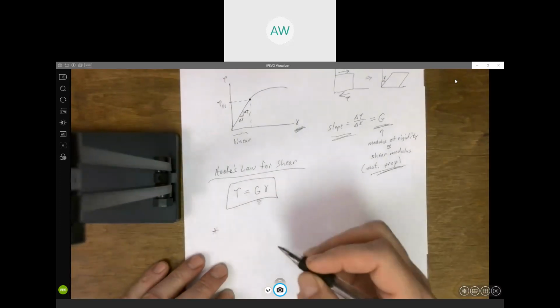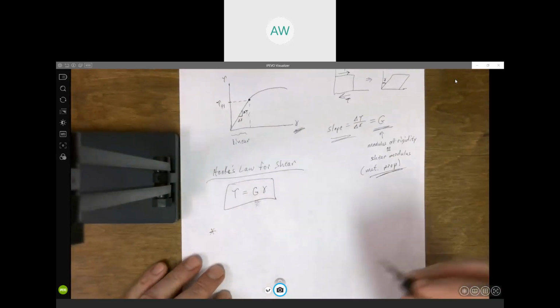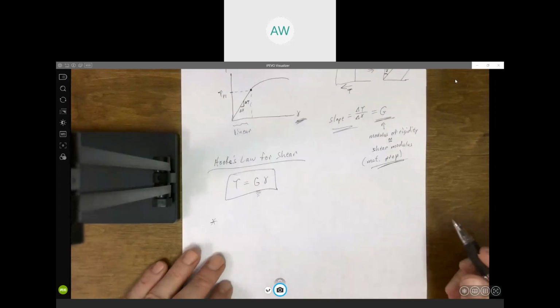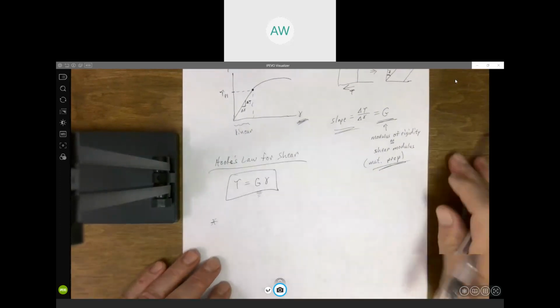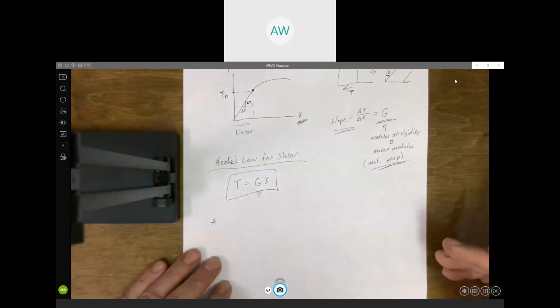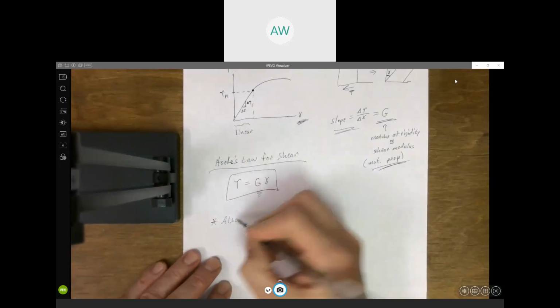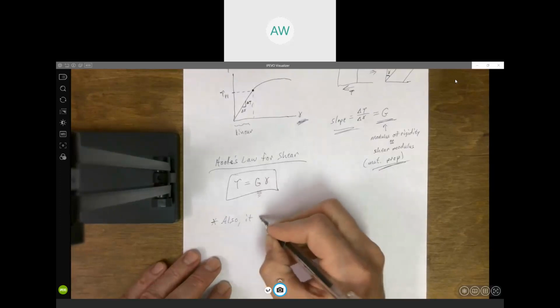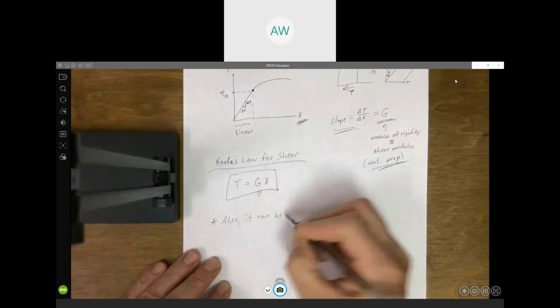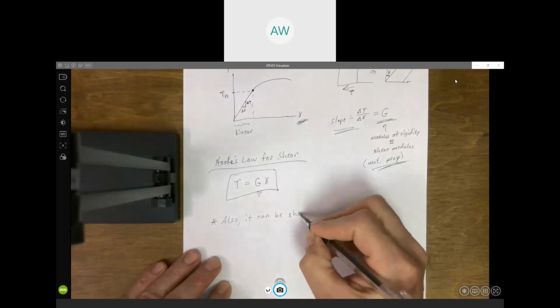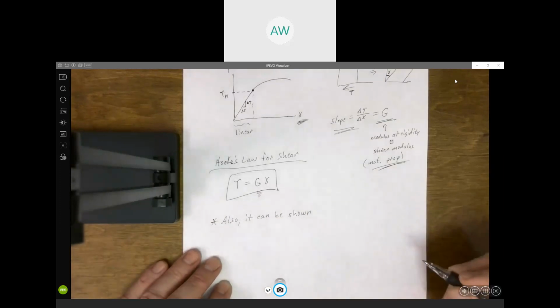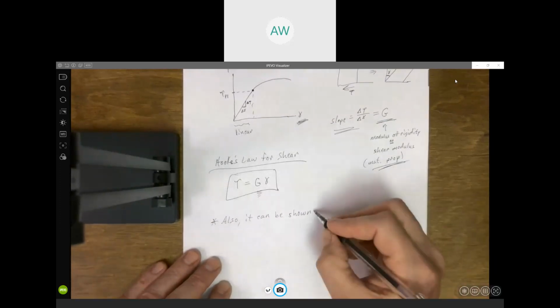I'm not going to go through and derive this. Actually, it's not a trivial derivation. It actually involves some things that we haven't talked about yet. So I'll just cop out and say it can be shown, and we definitely don't have time to do it today anyway because we only have a few minutes left.